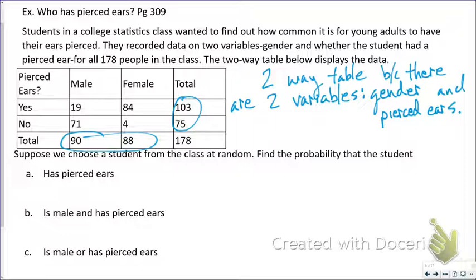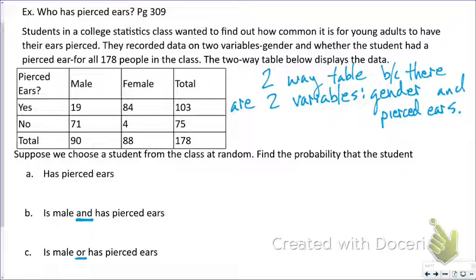So that's like question A. Question B, I see an and, and that is a very important word. Part C, when they use or, that is a very important word. It changes things. So that is crucial in understanding probability.